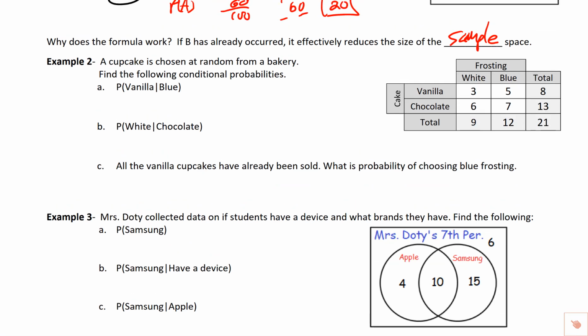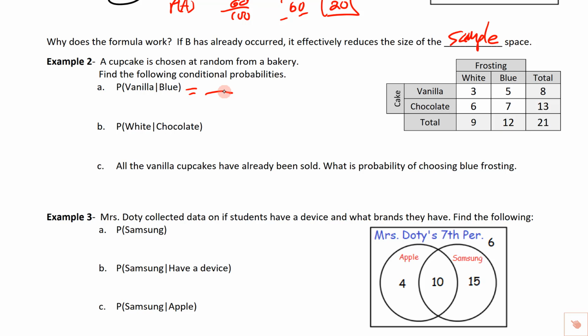We're going to do the opposite on this one. We're going to figure out what the answer is, and then confirm that the formula actually works. So a cupcake is chosen at random from a bakery. Find the following conditional probabilities. So probability of vanilla, given that it's got blue frosting.